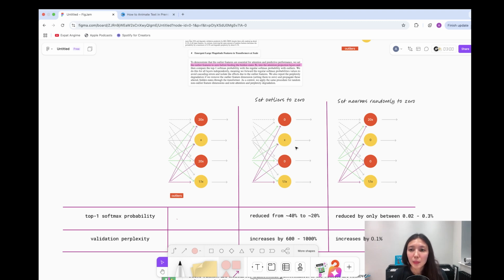And in a model where they set neurons randomly to 0, softmax probability is reduced by only between 0.02 to 0.3% and validation perplexity is increased by 0.1%. So these results indicate the critical importance of these outliers to the model performance.